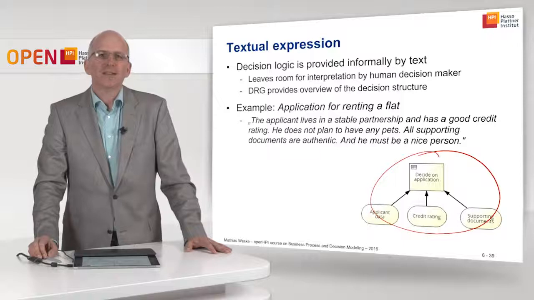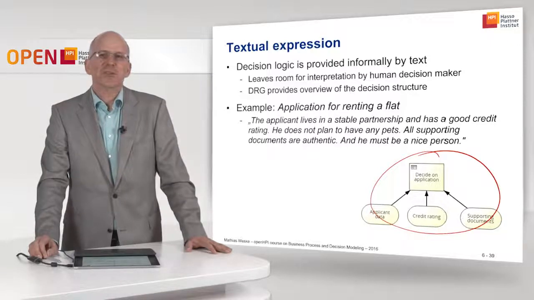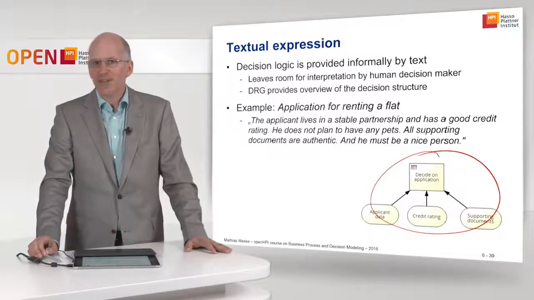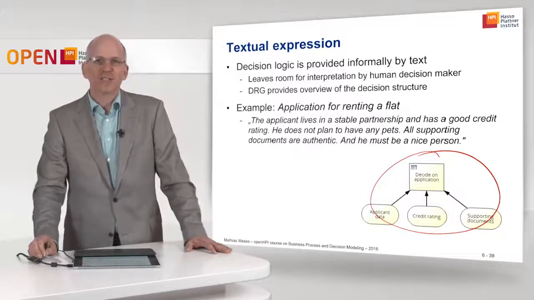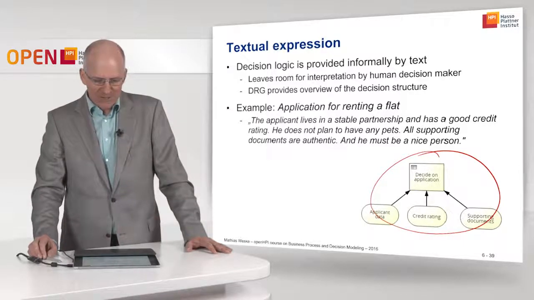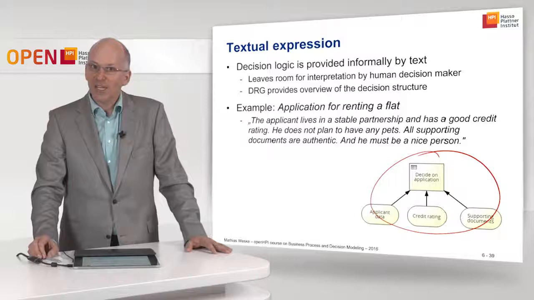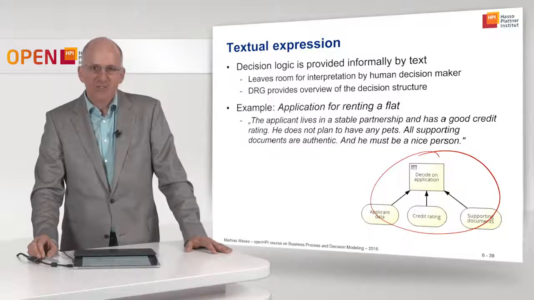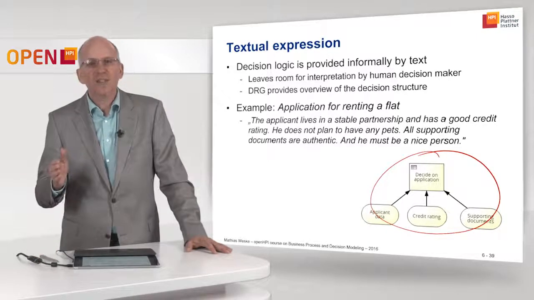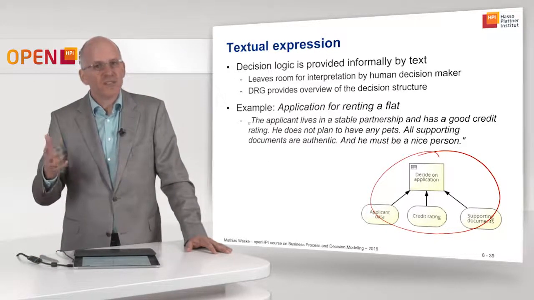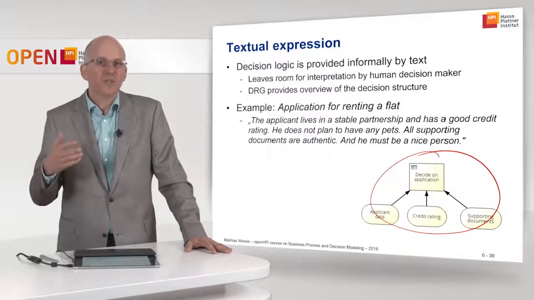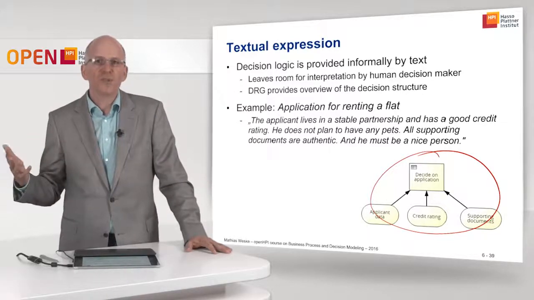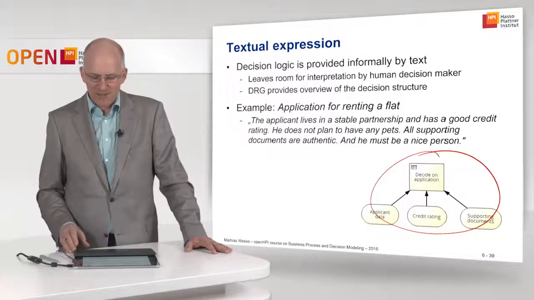So it's clear that this text is just an informal way of specifying the decision logic, which cannot be executed and interpreted by a machine, but only by the human decision maker. But still, the decision requirements diagram shows us the input data that we need for taking the decision, and the textual expression tells us what we take into account, how the human decision maker should take the decision.